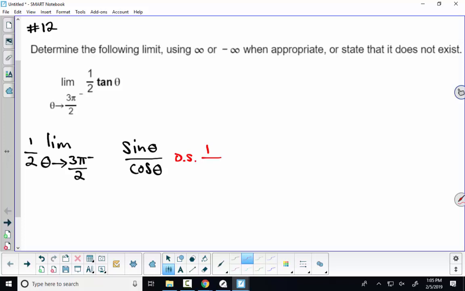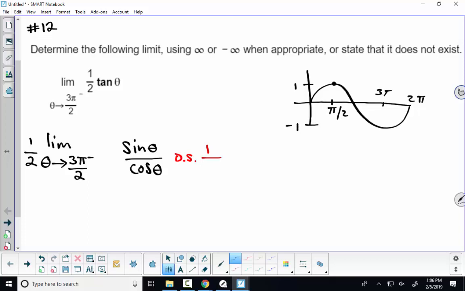Does everybody agree with that? Here's sine, here's 1, negative 1. Here's pi over 2. Here's 3 pi over 2. So the numerator approaches negative 1.